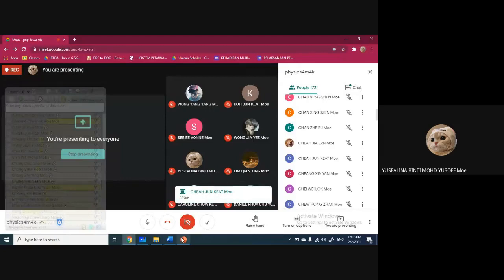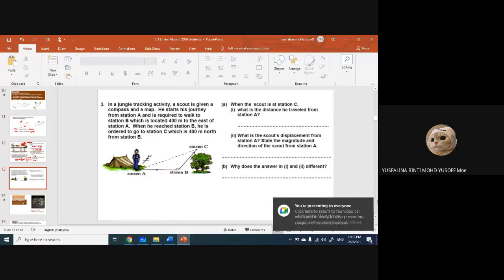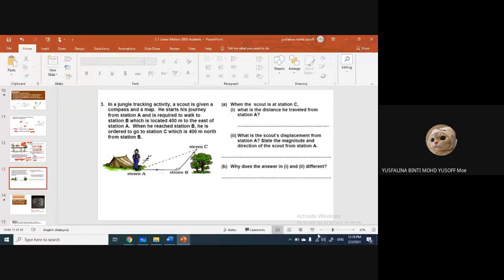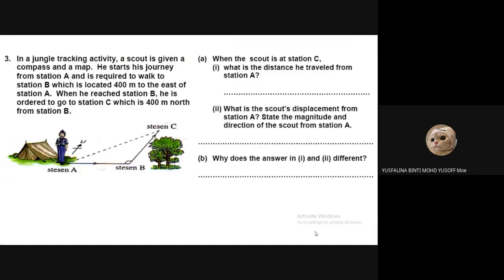800 meter. Okay, so let's see if it is correct or not. In a jungle trekking activity, a scout is given a compass and a map. He starts his journey from station A and is required to walk to station B, which is located 400 meter away. When he reaches station B, he is ordered to go to station C that is 400 meter to the north.